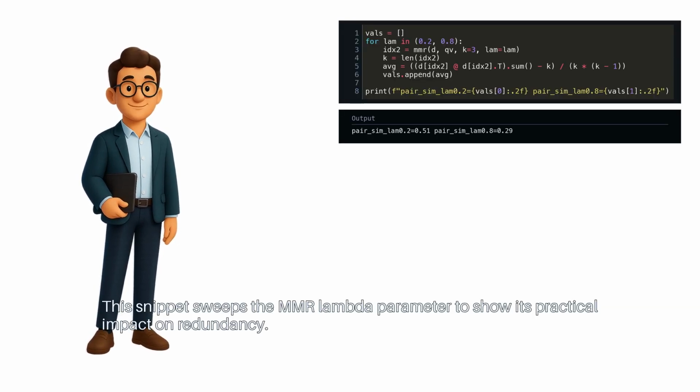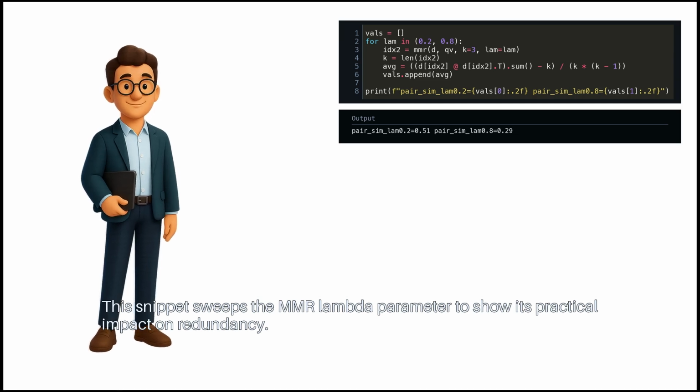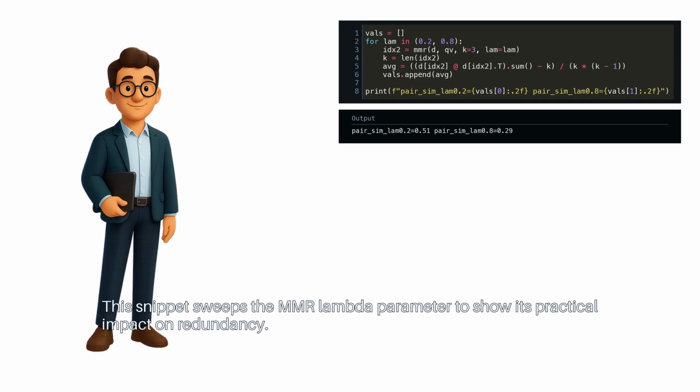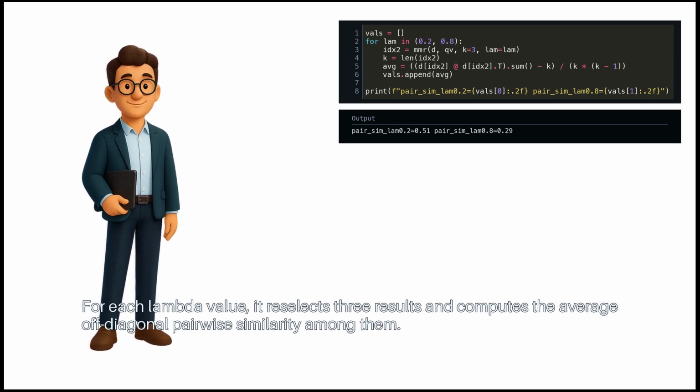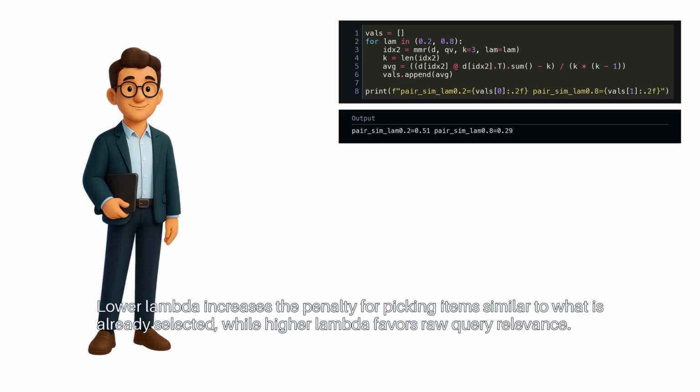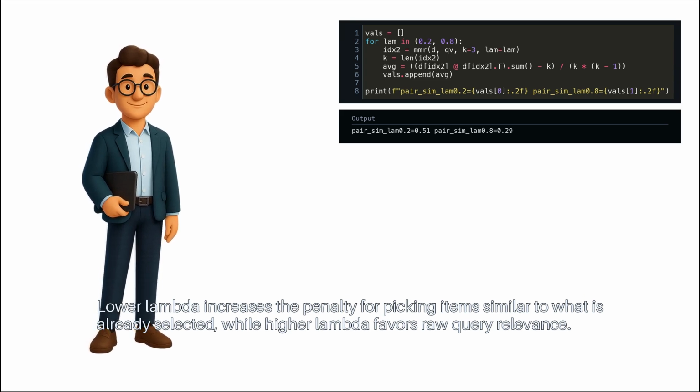This snippet sweeps the MMR lambda parameter to show its practical impact on redundancy. For each lambda value, it reselects 3 results and computes the average off-diagonal pairwise similarity among them. Lower lambda increases the penalty for picking items similar to what is already selected, while higher lambda favors raw query relevance.